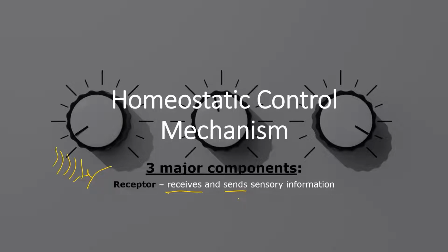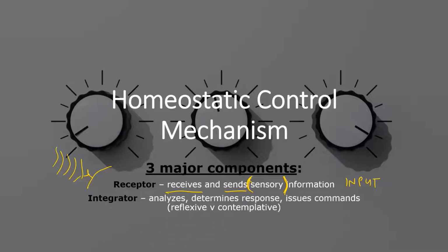And it's going to send it to the next major component, right? This information it sends is called sensory information. And a way you can remember that is sensory information is input. It's from the receptor toward the second part, which I can spoil now, the integrator.